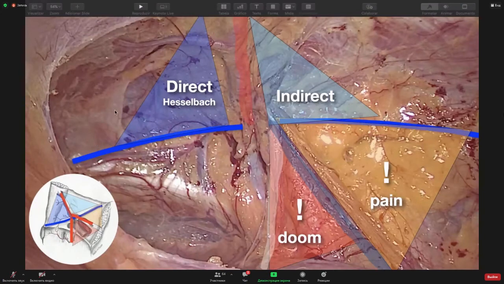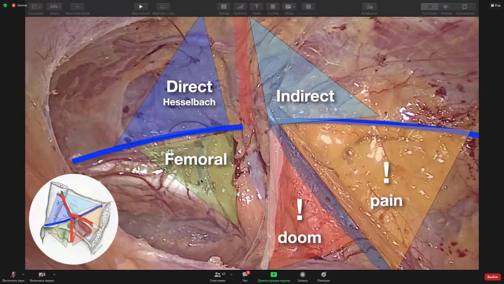The triangle is here: the edge of the rectus muscle, the epigastric vessels, and the inguinal ligament. This is important to see where the place of the direct hernias is. And the last one is the femoral triangle, below the iliopubic tract, the inguinal ligament, and over the pubis in this place.